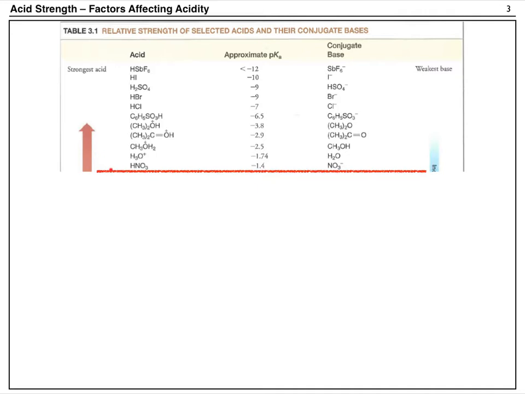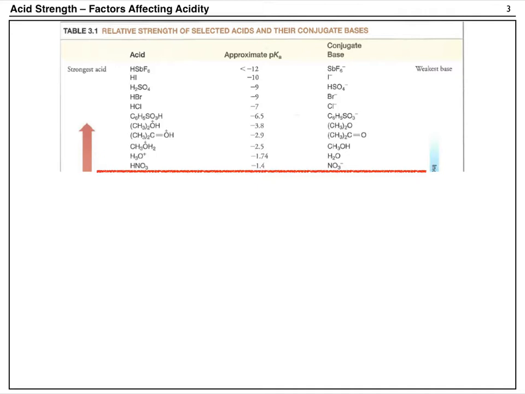So the strong acids, everything above the line, you can see that the pKa values all have negative signs in front of them. That indicates that they're very strong acids.